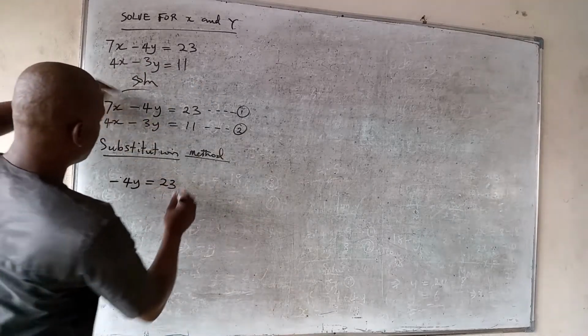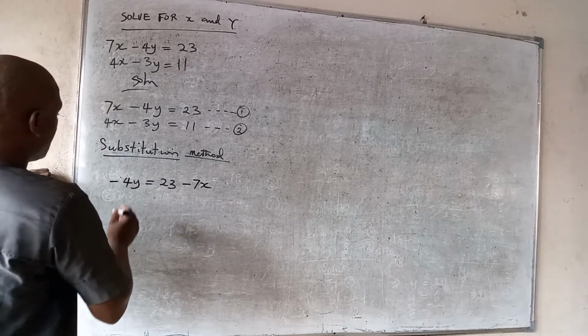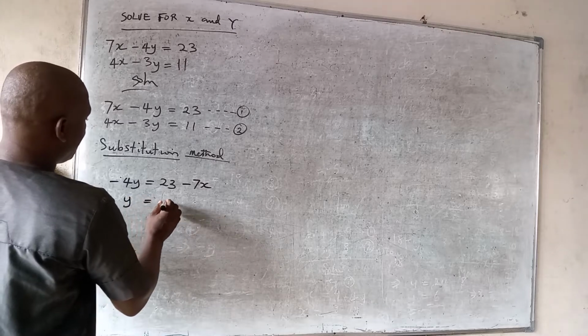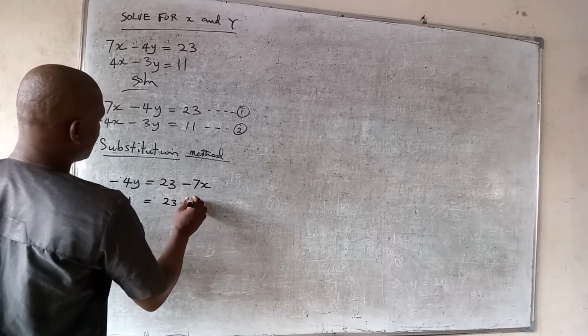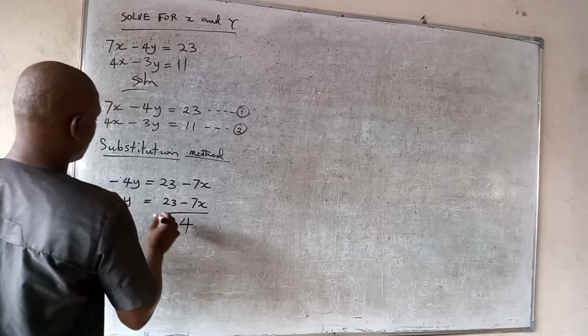If this one goes over to this side, it becomes minus 7x. And y alone will be the same as 23 minus 7x over 4.